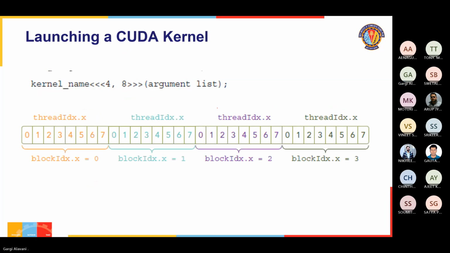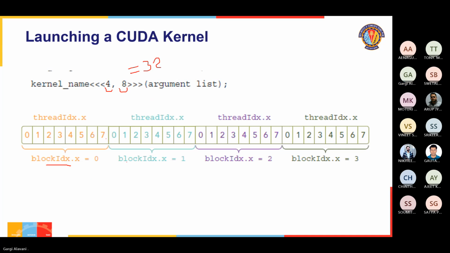So if the previous examples are not clear, this is another example where we are launching a kernel with 4 blocks of 8 threads each. So the total number of threads is 32, and this is one-dimensional. There is no two dimension or three dimension. Here, each thread in one block will have its thread index from 0 to 7.